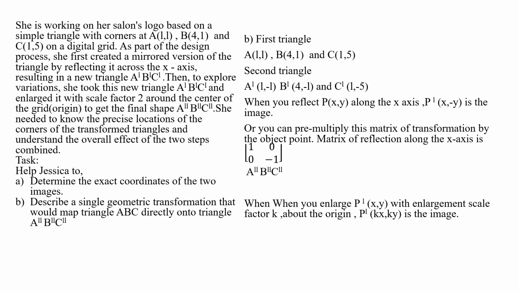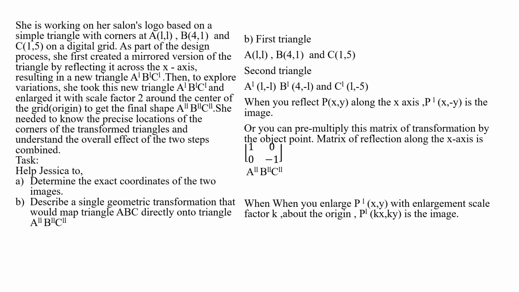And now, after that, this new triangle A prime, B prime, and C prime will be enlarged with a scale factor of 2 around the origin. So when we are enlarging, just get that enlargement scale factor and then multiply it with the coordinates, with each point.